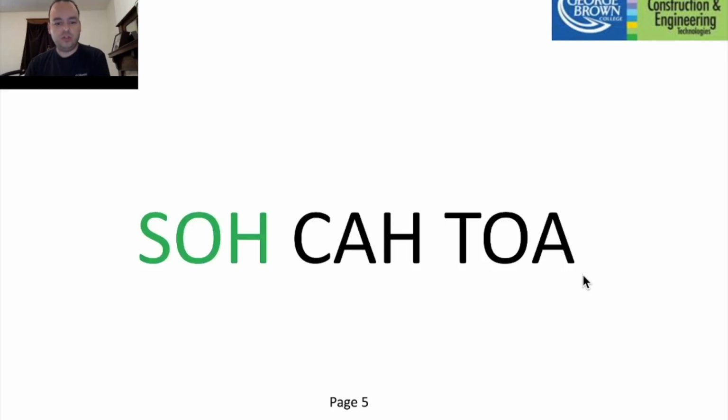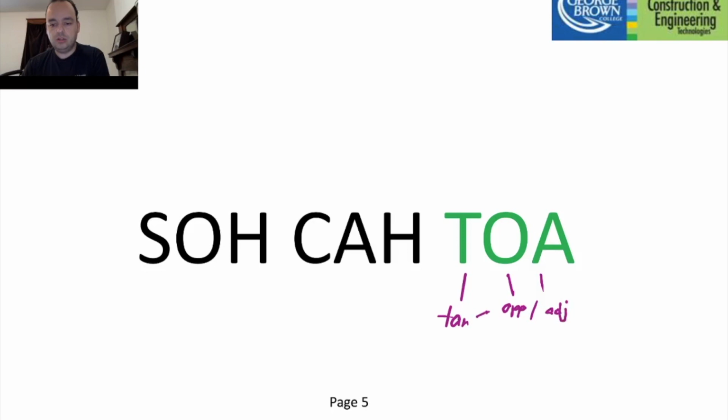SOH, which is for sine, CAH, which is for cosine, and TOA, for tan. So, like this last one here, just to remind you, this is tan, and then this is opposite and adjacent. See, tan is opposite over adjacent. So, we'll get into the nuances of what you're doing with this, but that pretty much is the beginning of this lesson.